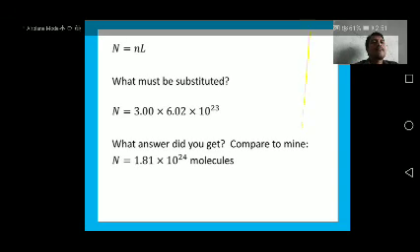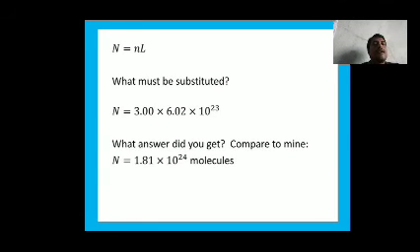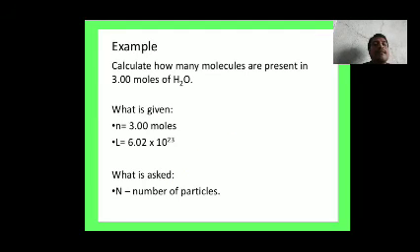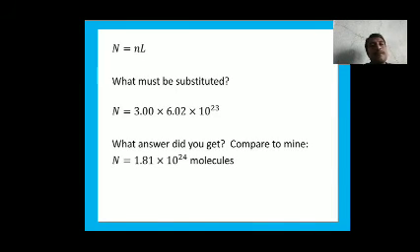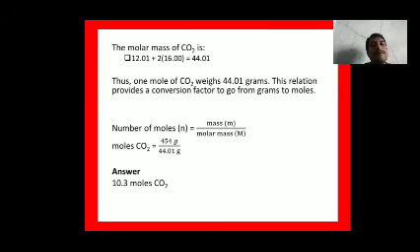So, using the Avogadro number, we calculate how many molecules are present in a given number of moles of a substance. 3 moles of water contain 1.81 × 10^24 molecules. 454 grams of CO2 contain 10.3 moles of CO2.